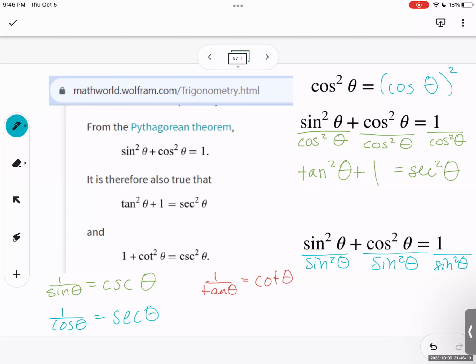Cosine squared theta divided by sine squared theta is going to be cotangent squared. 1 over sine squared theta will be cosecant squared theta. So this is how we can get each of these identities from sine squared theta plus cosine squared theta equals 1.